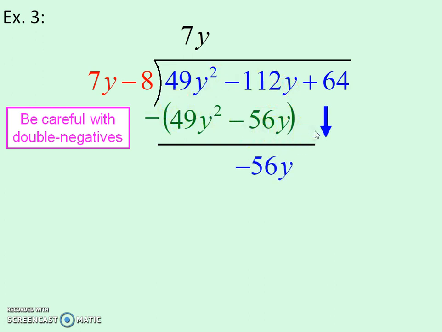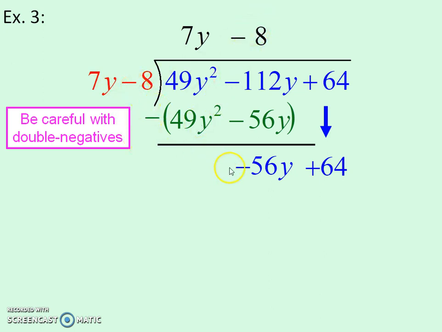Bring down the next term. Again, the highest remaining term divided by the highest term. 56 divided by 7 is 8. So negative 56y divided by 7y is negative 8. I'll multiply this by both of these. Negative 8 times negative 7y is negative 56y.